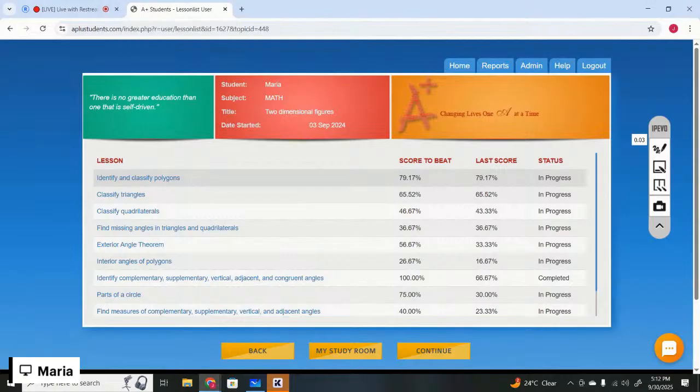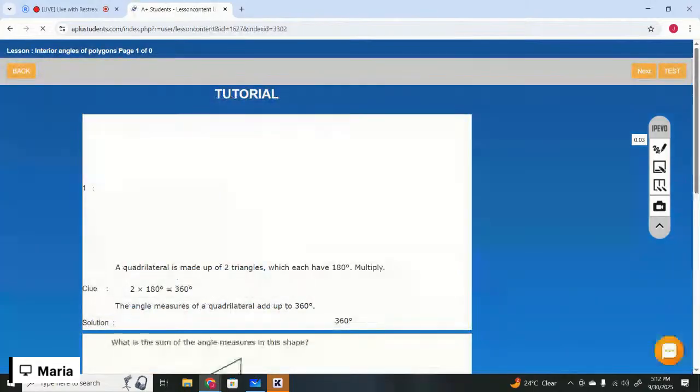The next lesson is interior angles of polygons. What is the sum of the angle measures in the shape?